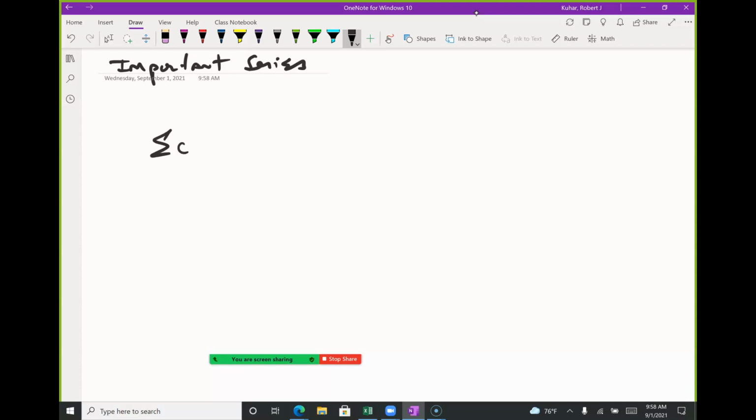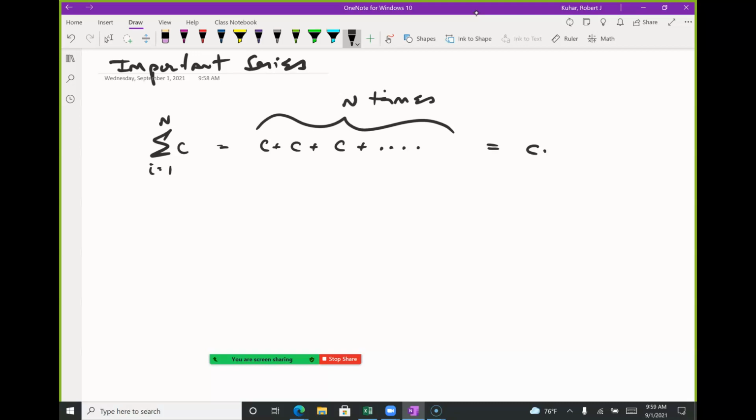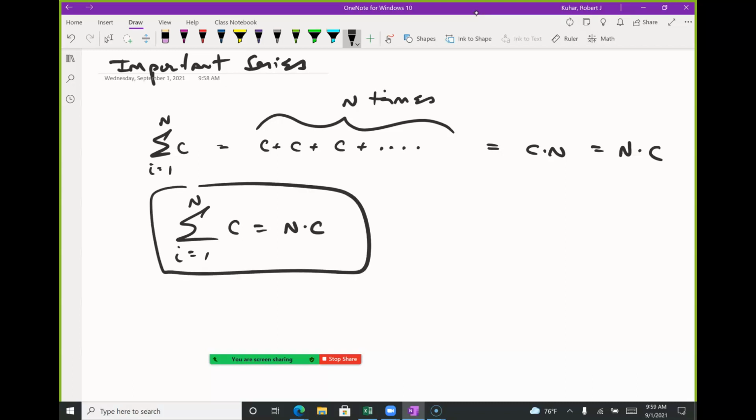So let's say the sum of c from i equals 1 to n. This is c plus c plus c plus dot dot dot n times. And so, of course, that's going to be c times n, or nc. So this is what we want to memorize: the sum from i equals 1 to n of any constant is n times that constant. That's the thing we're going to memorize.